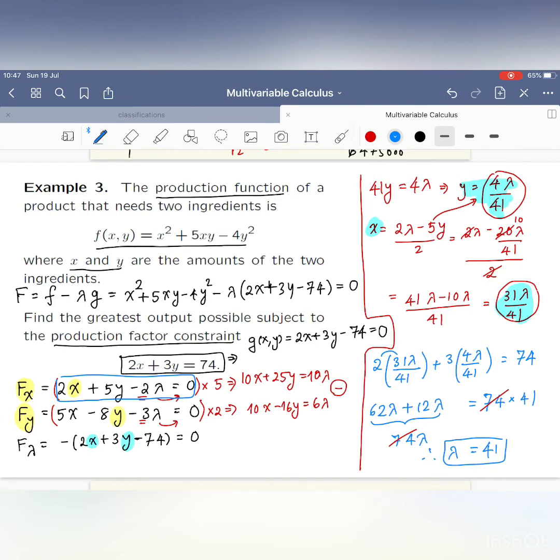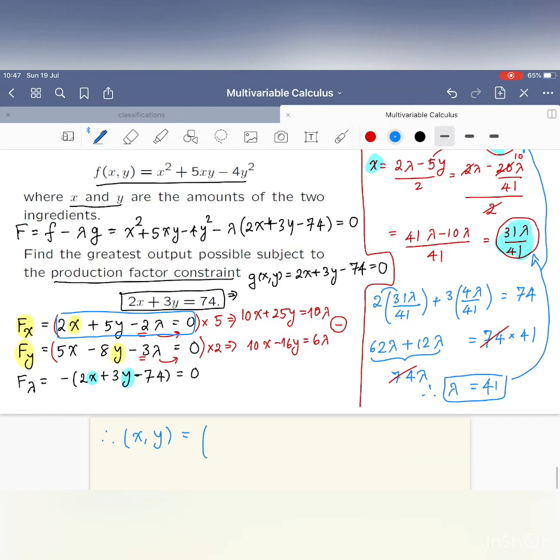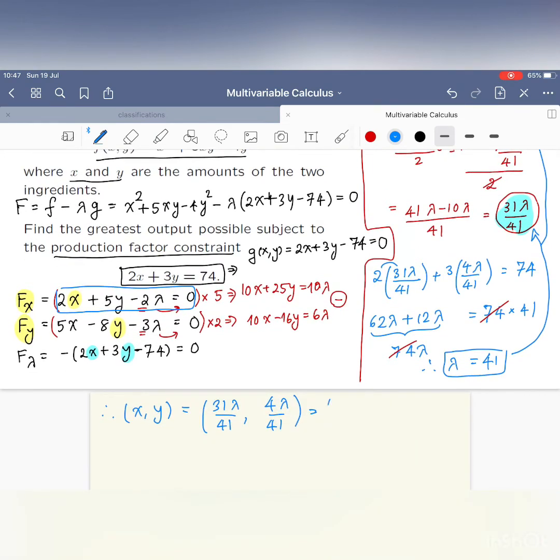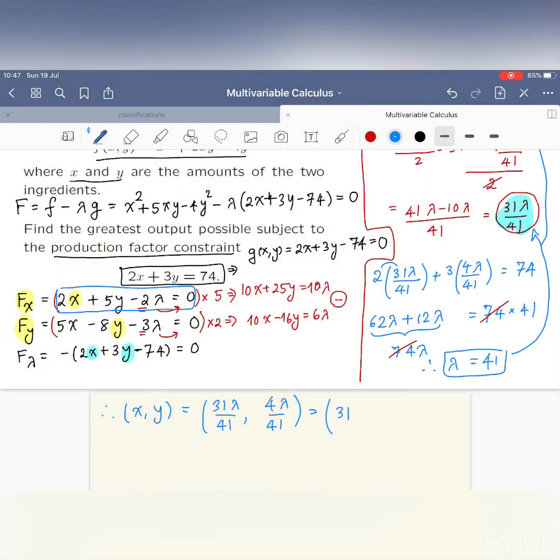After you got your lambda, you can figure out immediately what your x and your y are. Your x and your y, which are 31 lambda over 41 and 4 lambda over 41, become 31 and 4, because your lambda is already 41.